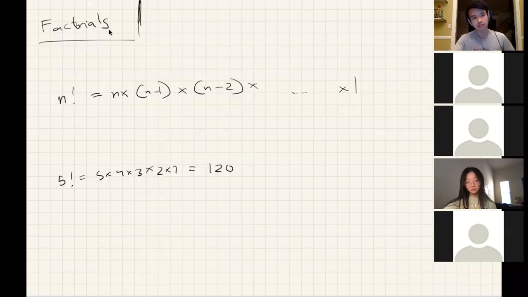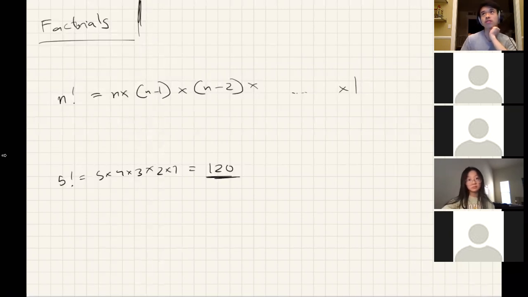This should be review for most of you, but factorials show up everywhere. Factorials are all about multiplying the integers 1, 2, 3, 4, all the way to some integer n, and then you take the product of those, and you get the factorial of n. For example, 5 factorial is equal to 5 times 4 times 3 times 2 times 1, which is equal to 120.